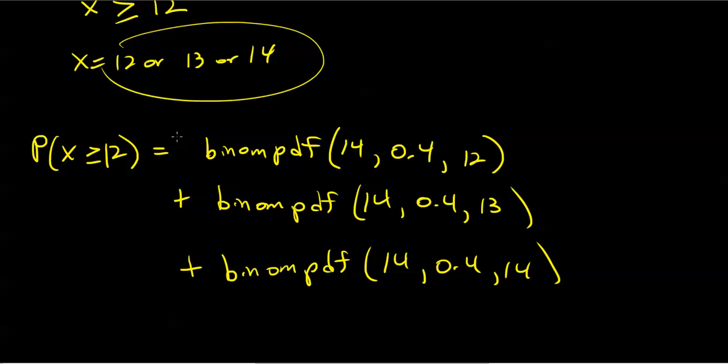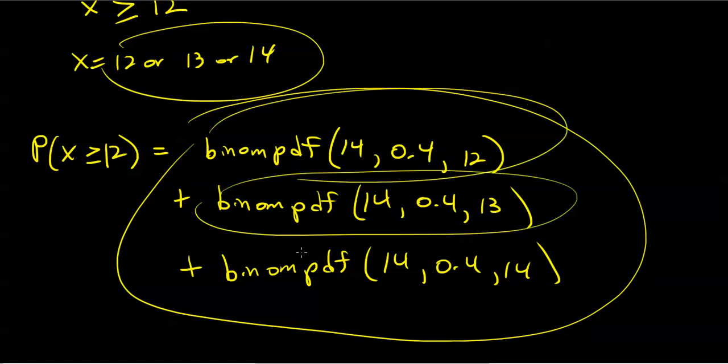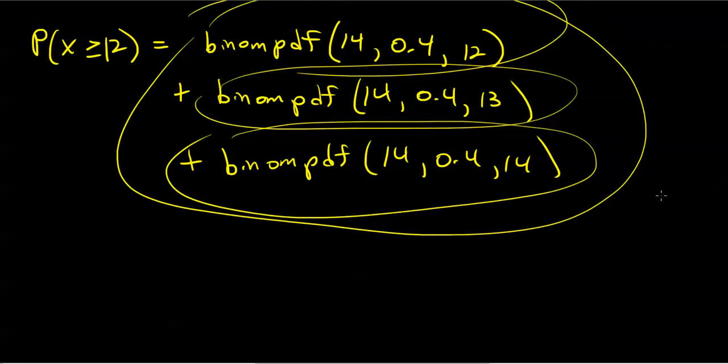Now what I like to do is I can enter all this syntax in one window of code on my calculator and let the calculator do the work. If you want to evaluate each of these 3 values independently and then add them up, that's fine, but I like to spend as little time button pushing as possible. I would like to enter these in as one window of code.